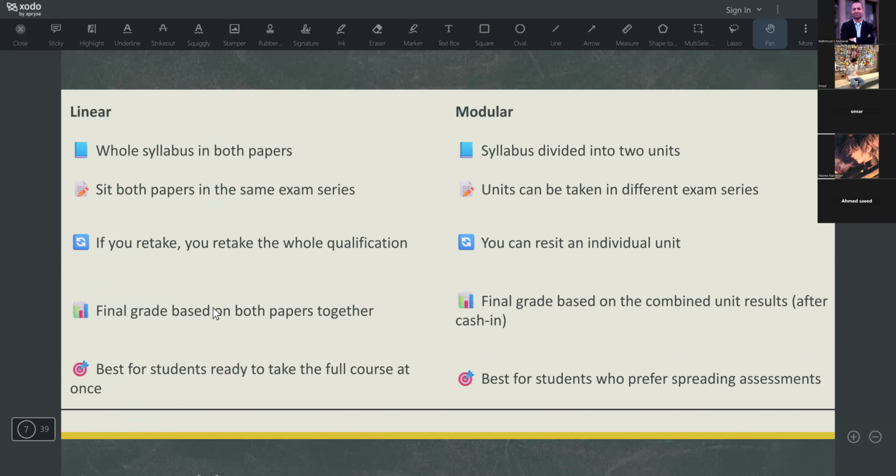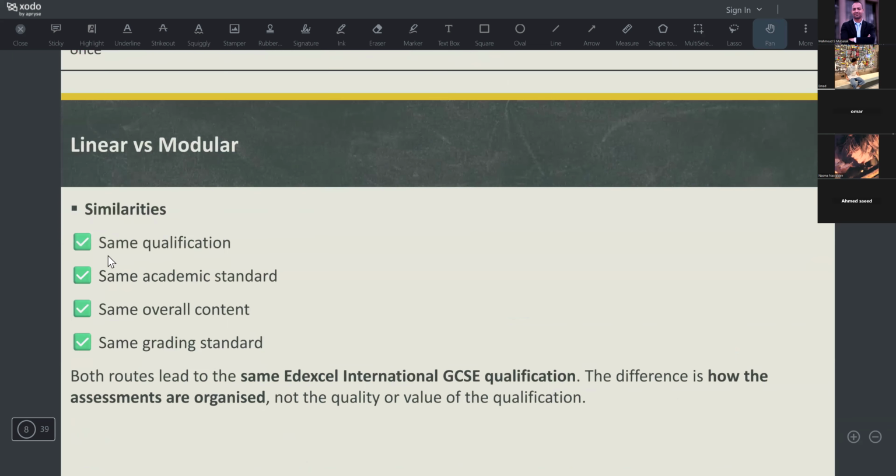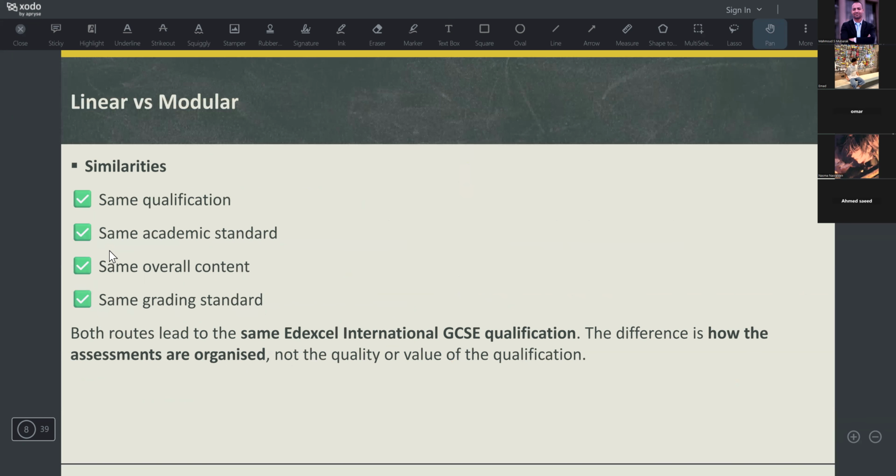Okay, what is the difference between linear and modular? We can start with similarities. What are the similarities between linear and modular? Same qualification, IGCSE Edexcel Mathematics certification.